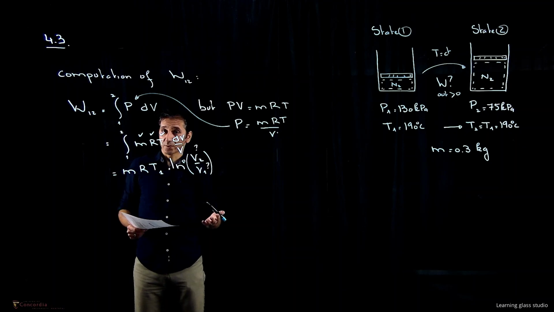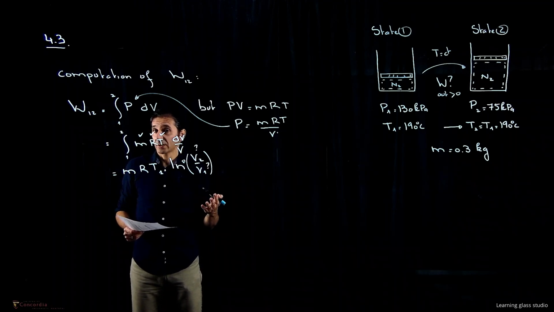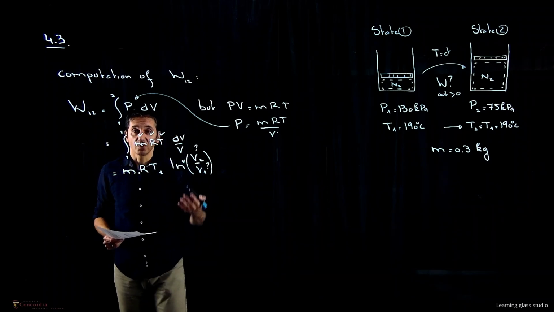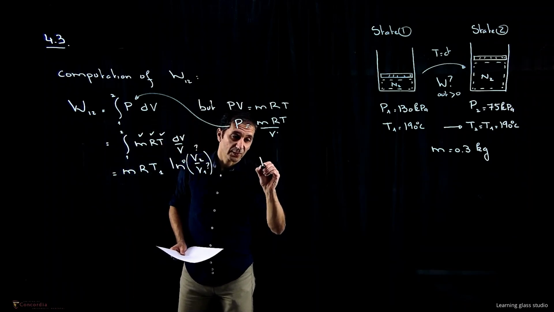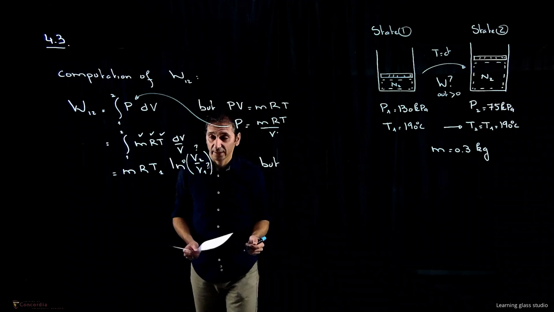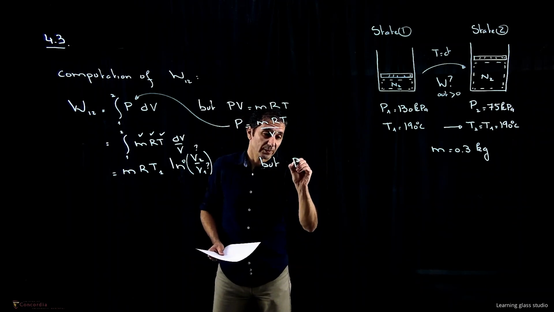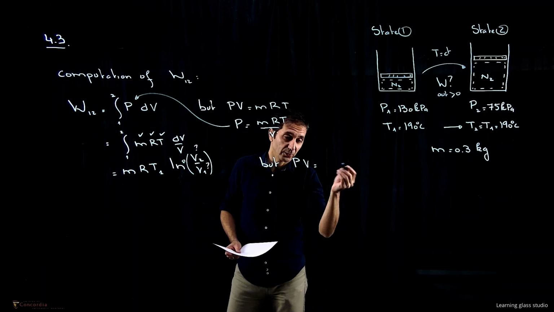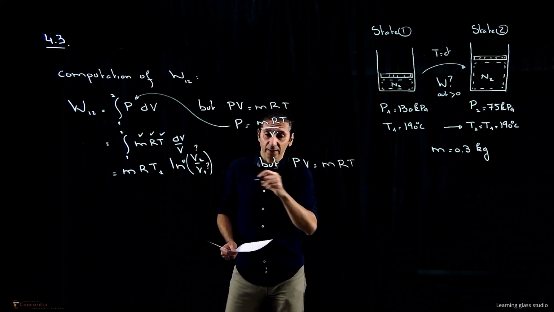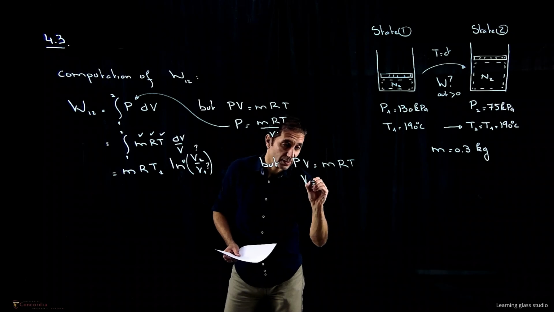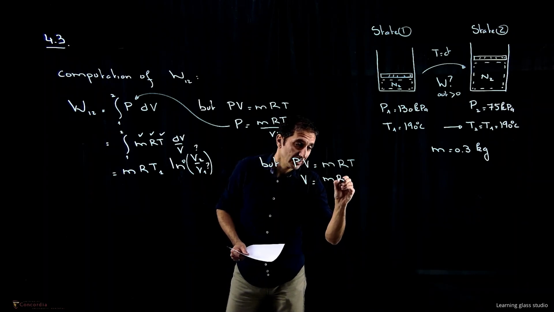There is another way to solve this problem, which is more systematic, where we can bypass the calculations of V1 and V2. So when you reach this step here, what you have to say is, we know this is an ideal gas, right? So we know that PV is equal to mRT. So therefore I can write the volume as mRT over P, right?